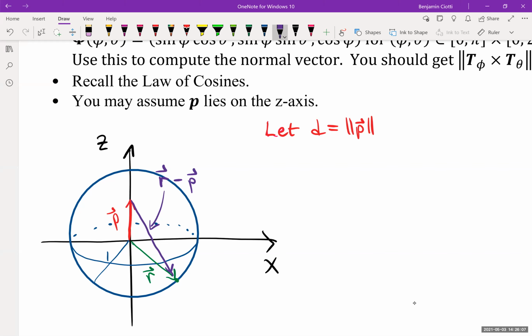And check this out. What's this angle right there? In terms of a familiar coordinate system that we all know and love, anyone recognize what that angle is?